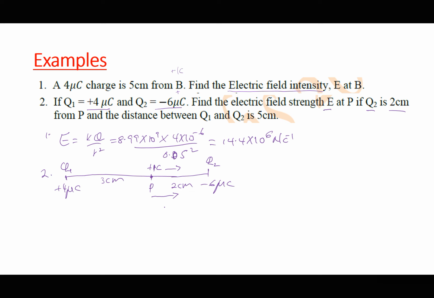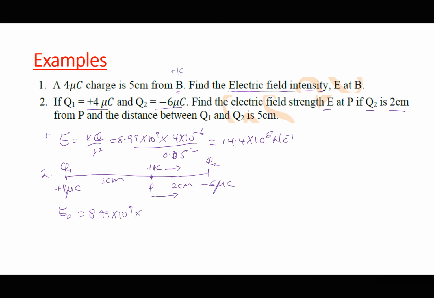So the electric field strength E at point P is going to be that caused by this one. Remember, E is KQ over R squared. I will just substitute. This will be 8.99 times 10 power 9.